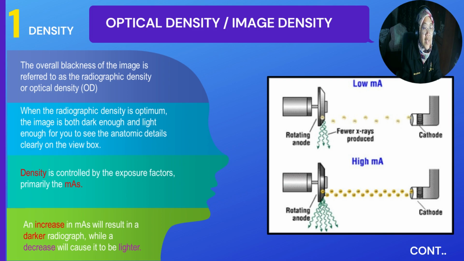When the radiographic density is optimum, the image is both dark enough and light enough for you to see the anatomic details clearly on the view box. Density is controlled by exposure factors, primarily the mAs. An increase in mAs results in a darker radiograph, while a decrease will cause it to be lighter.